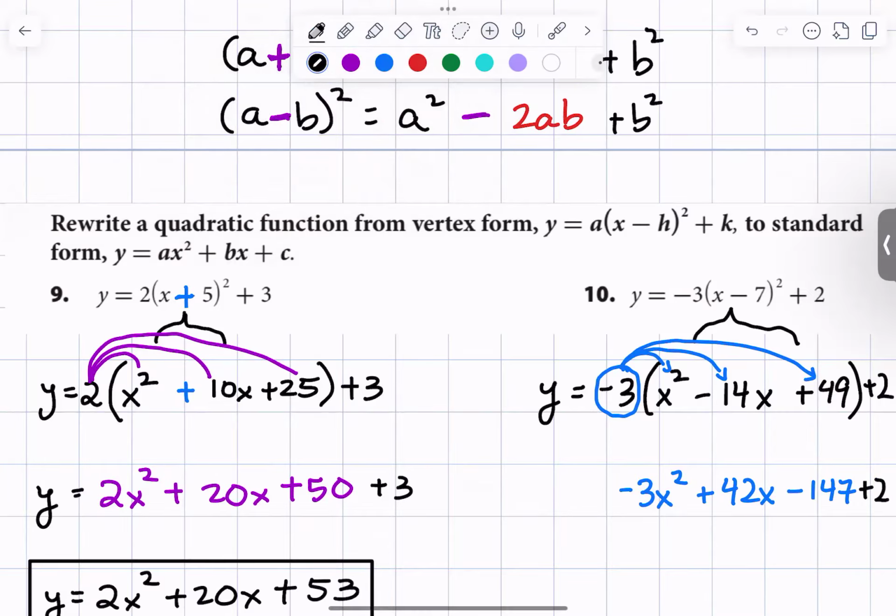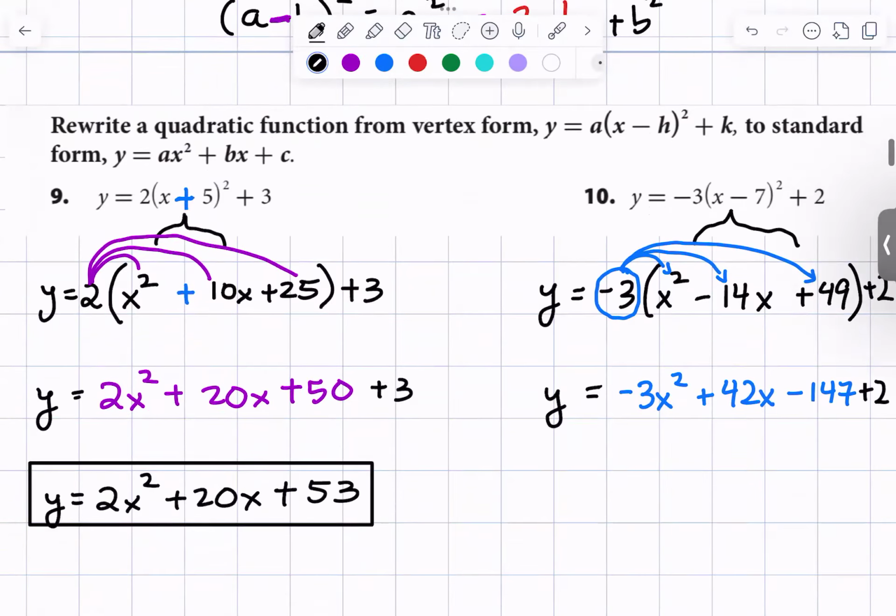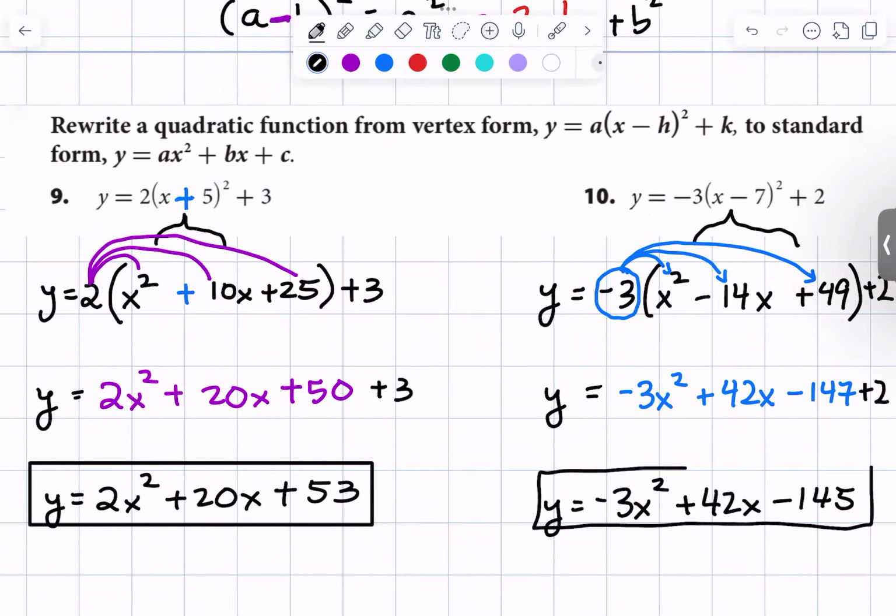Plus 2 equals y. So here I just gather the like terms. That would be -3x squared plus 42x minus 145. Okay.